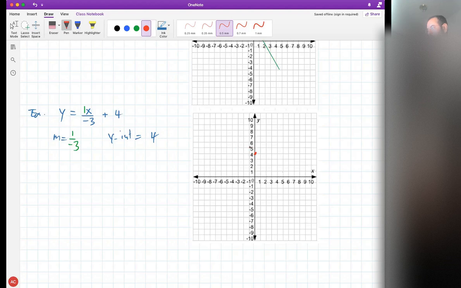So start from 4, go up, and that would be here. So again, the y-intercept is here, which is the +4.